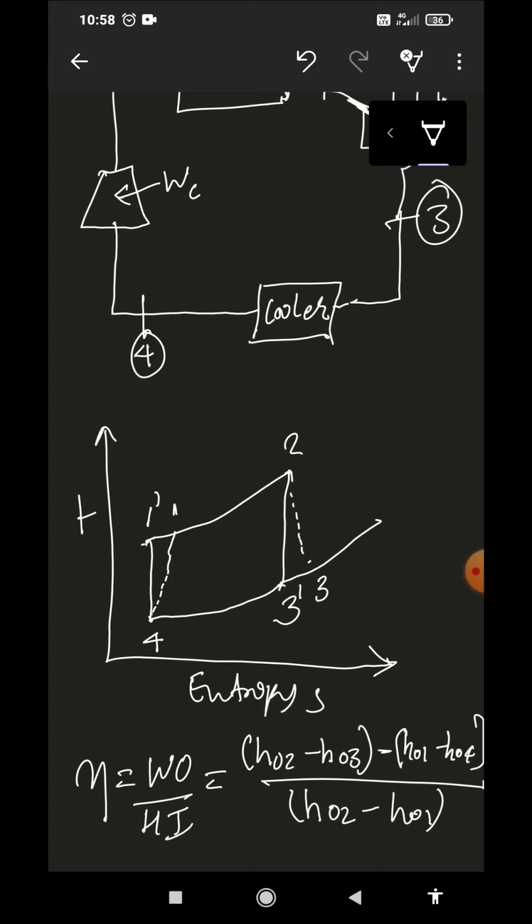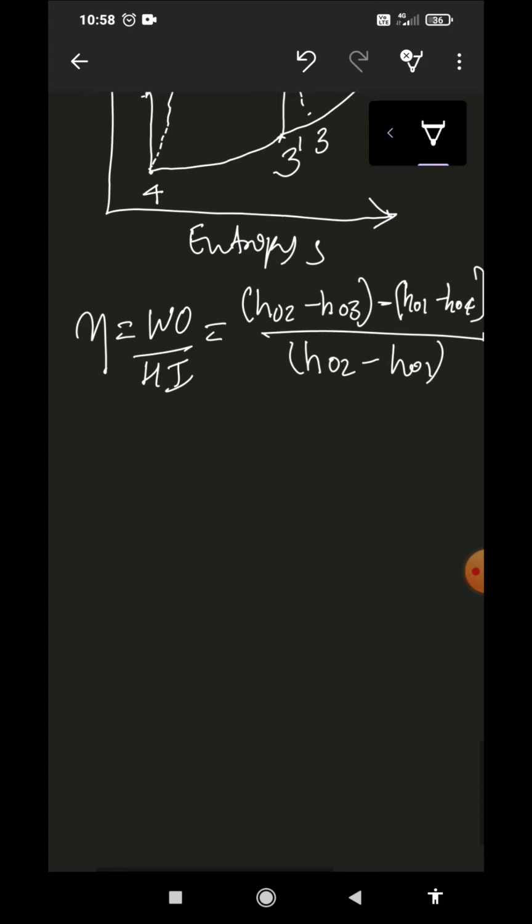The indicated enthalpies are stagnation values, which take into account the kinetic energy of the flow. The stagnation enthalpy is defined as h0 equals h plus u square by 2, where u is the velocity of the flow.